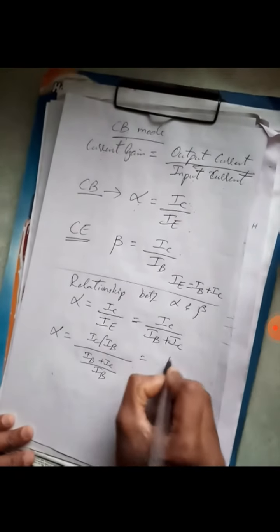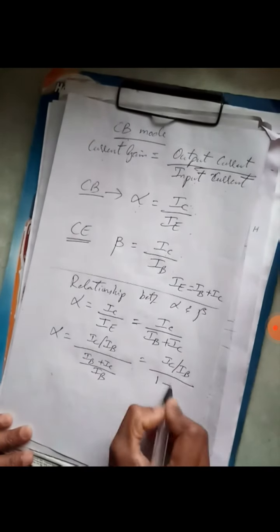So in place of IE let me substitute IB plus IC. Now let us divide both the numerator and denominator by IB. So alpha is equal to IC by IB divided by IB plus IC by IB. Let me split this: IB by IB is 1, and here we get IC by IB.